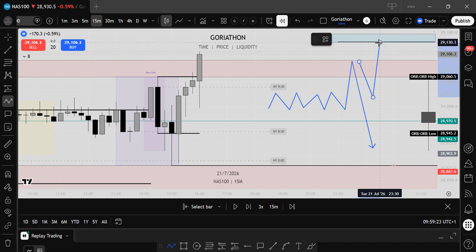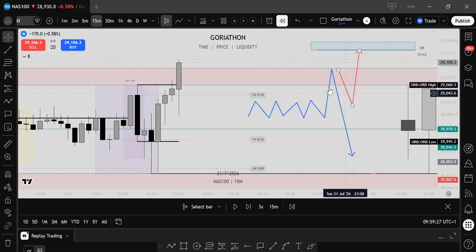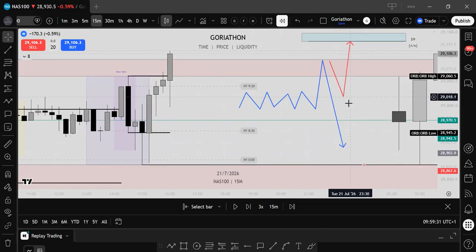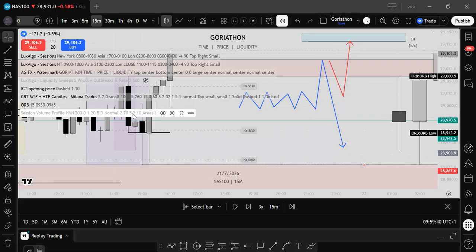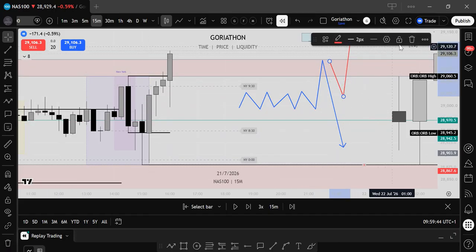Sometimes price can also do this. Whether it's a reversal or a continuation will depend on where your key levels are, which I discussed, and also on where your session volume profiles are, which I will explain in the next episode.